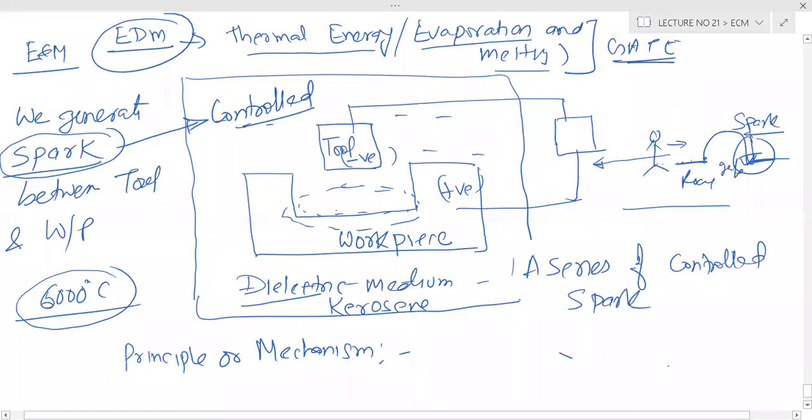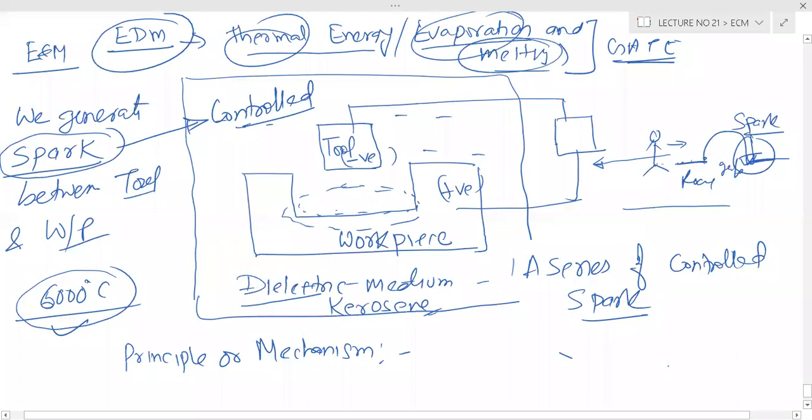That is the principle. When a spark is there, there is a temperature. When there is a temperature, there is thermal energy, there is evaporation, melting. We generate spark between the tool and workpiece, and a dielectric medium is used, kerosene.